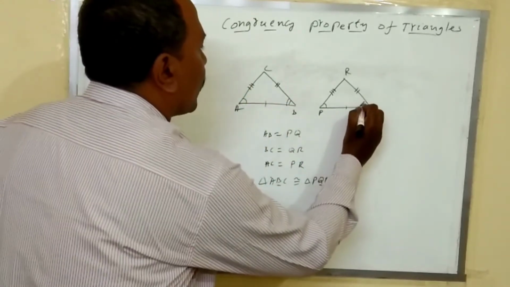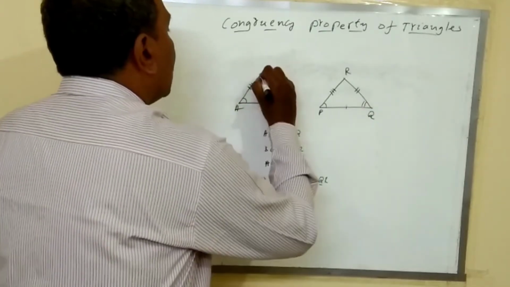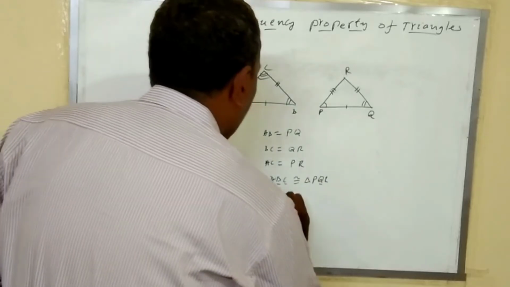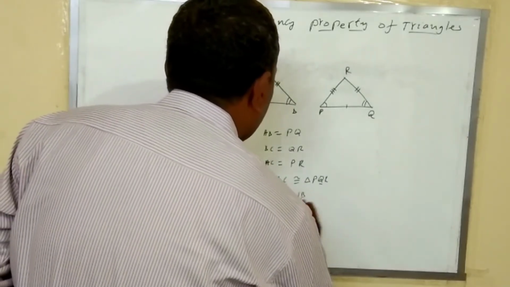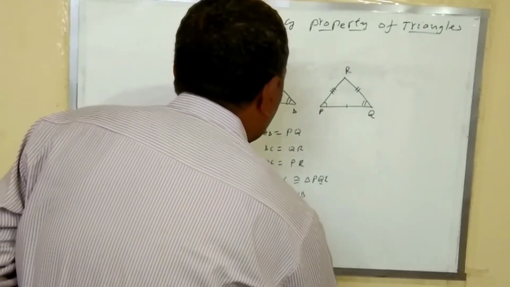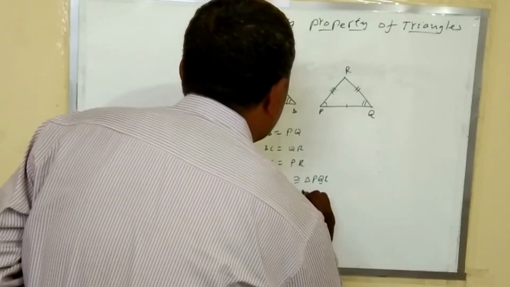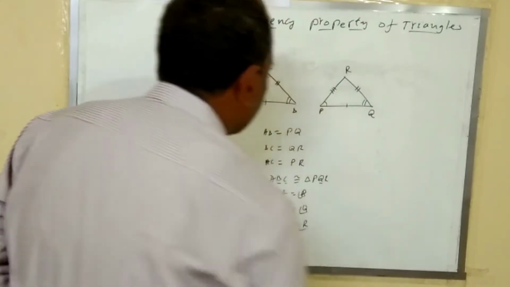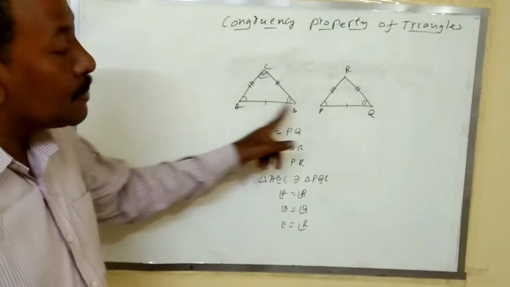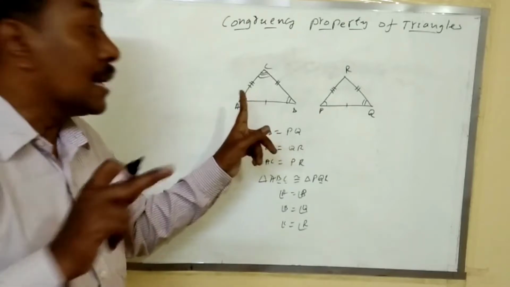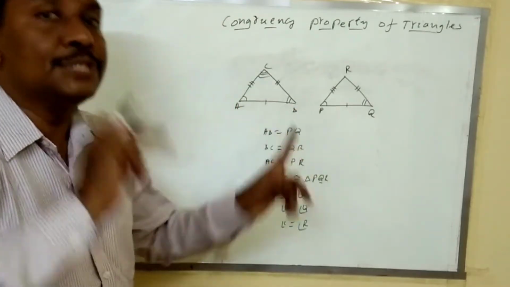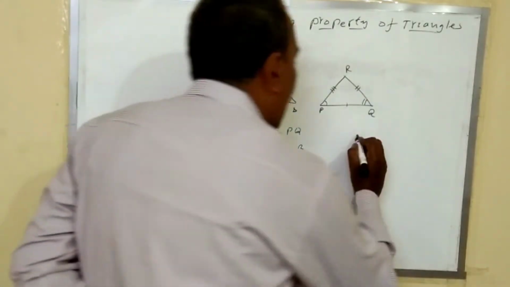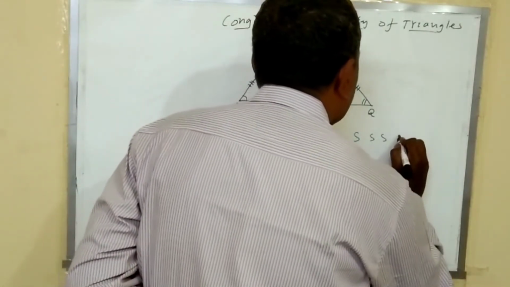Angle B is equal to angle Q. And angle C is equal to angle R. So, because the corresponding sides are equal, the corresponding angles must and should be equal. This is called congruency.